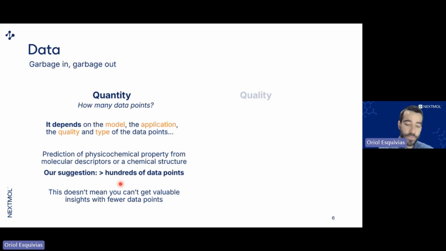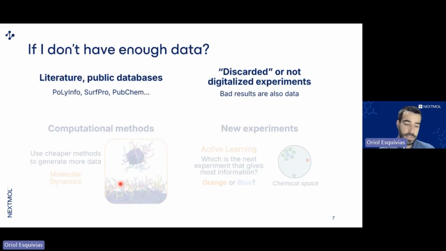Okay, but if we don't have that data, what can we do? First, go out to the literature, check information, public databases. There's a lot of information out there that maybe is valuable for what you're trying to do. Another thing is that maybe you have data in your company, in your department, that is useful.